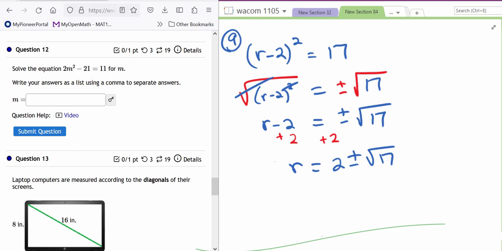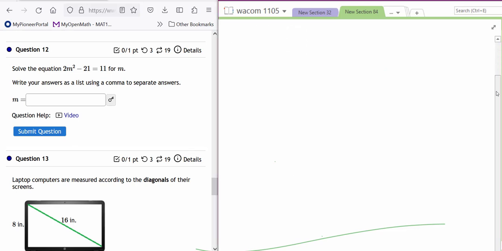Let's do 12. All right, and this one you might worry if it is the kind 2 factor, if they're just all mixed up.